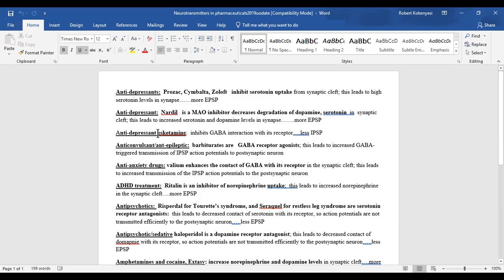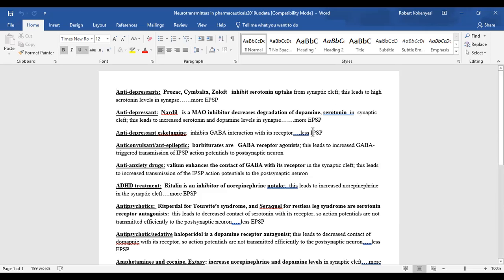What about a third one? This is a very unusual way to cause increased level of activity in our central nervous system by inhibiting an inhibitory neurotransmitter with its receptor.